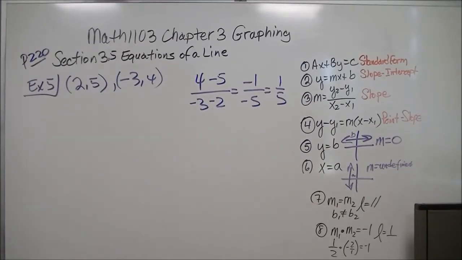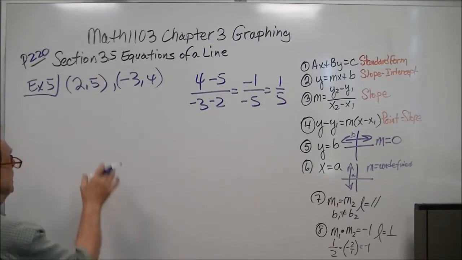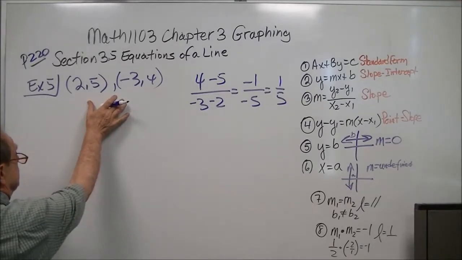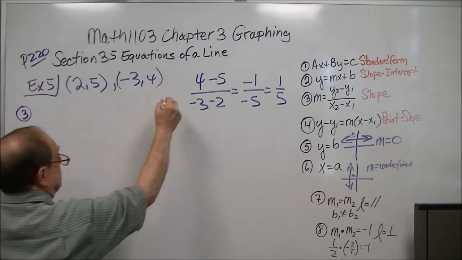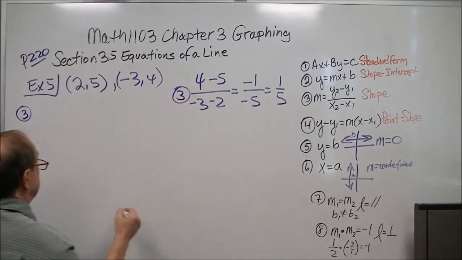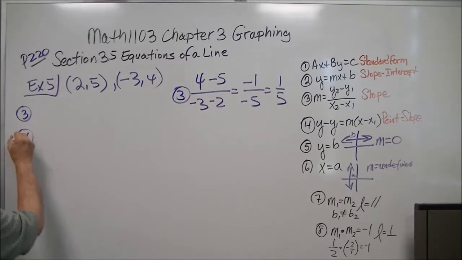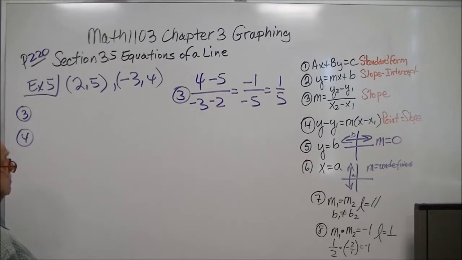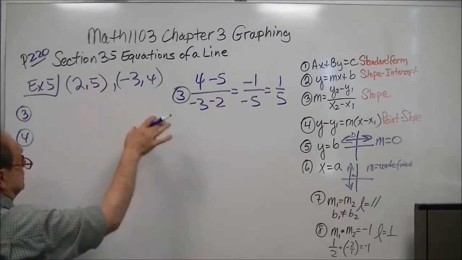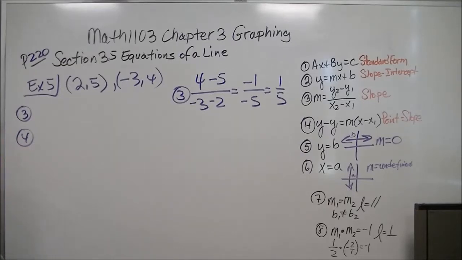Now for example 5, they don't give us the slope, but they give us 2 points. So here we have to use formula 3 first, which is what I've done, and then we'll use formula 4. Now you might say, well, which set do you want to use? Doesn't make any difference. If one has a 0 in it, it's a little easier to calculate.